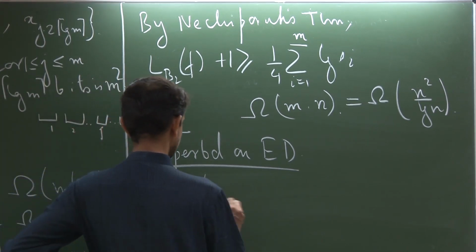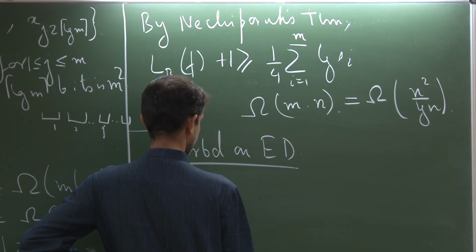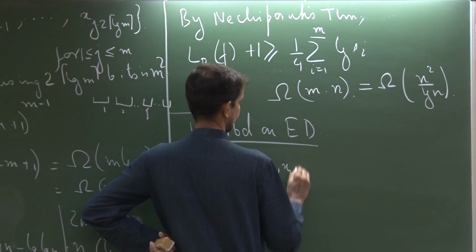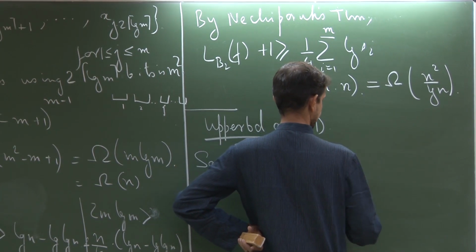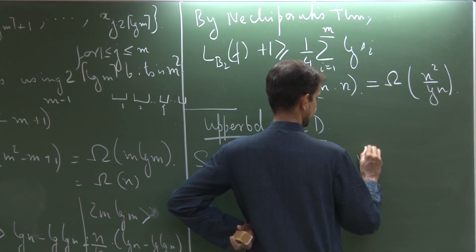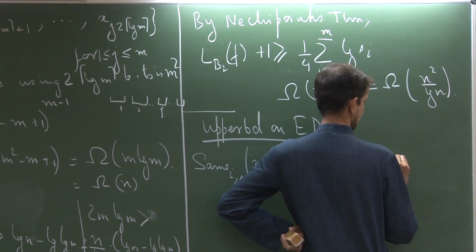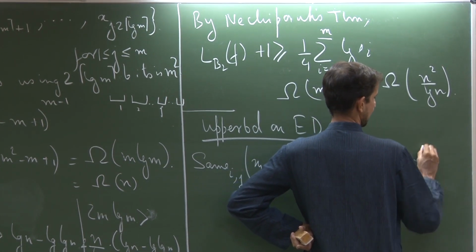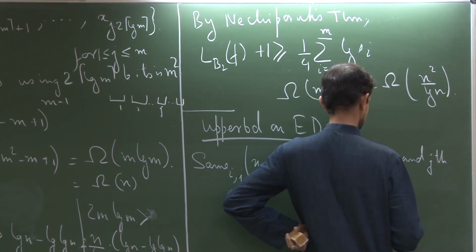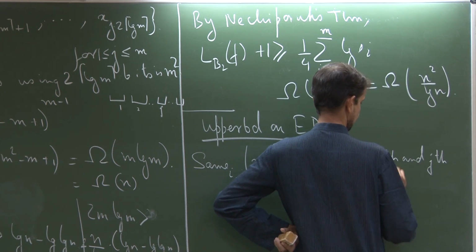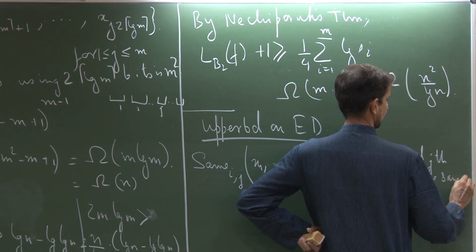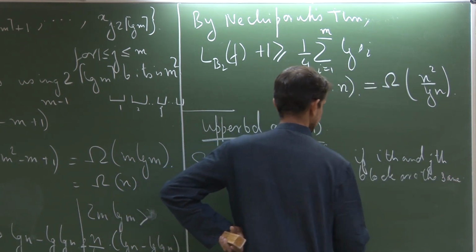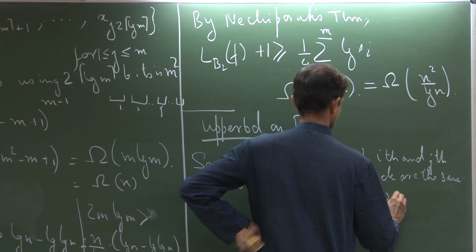So same i comma j on x 1 up to x n will evaluate to 1 if the ith and jth block are the same, and this will be equal to 0 otherwise.